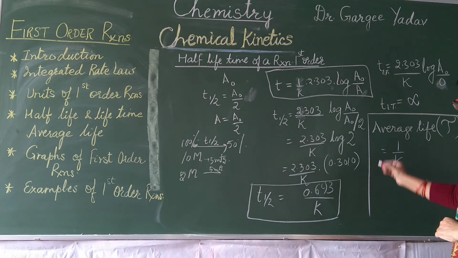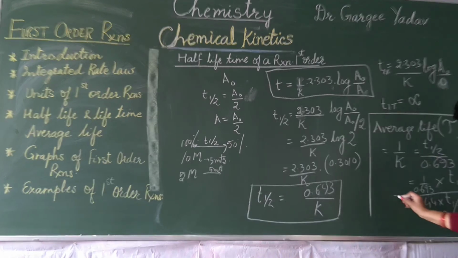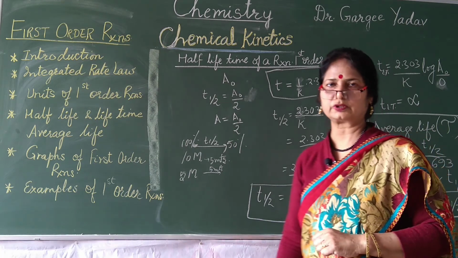So average life is given by 1 upon K, which is T half divided by 0.693, and it is 1 by 0.693 multiplied by T half. This is the relation between half life and the average life, and this comes out to be 1.44 into T half. You need to cram up these values from your multiple choice questions point of view.